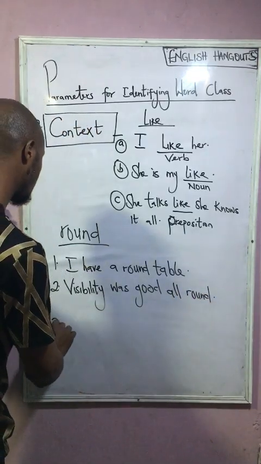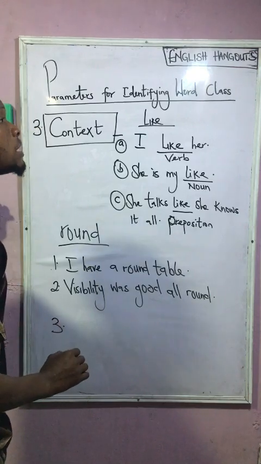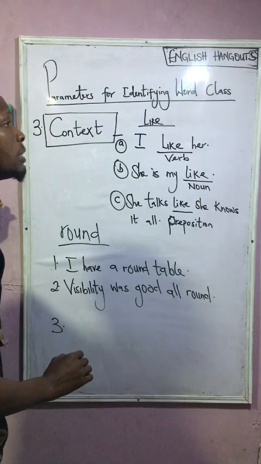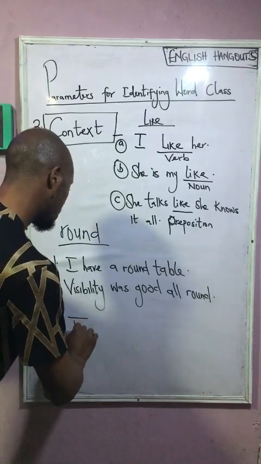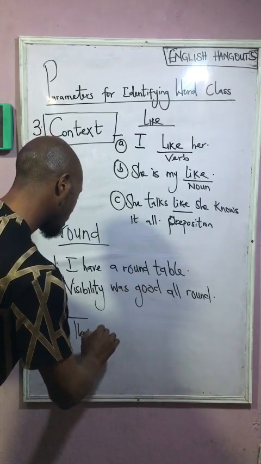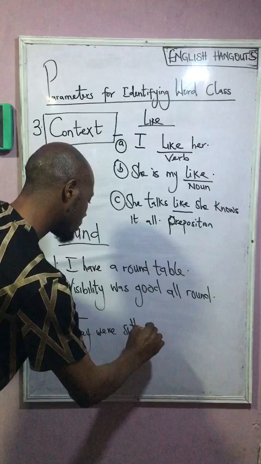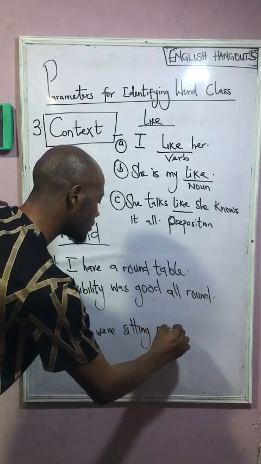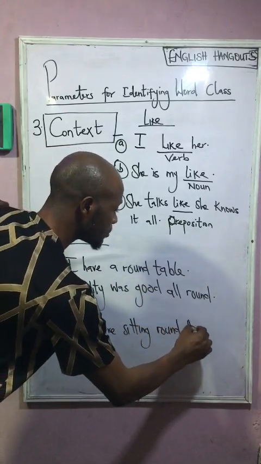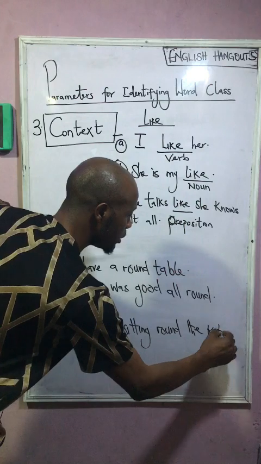Sentence 3: they were sitting round the kitchen.